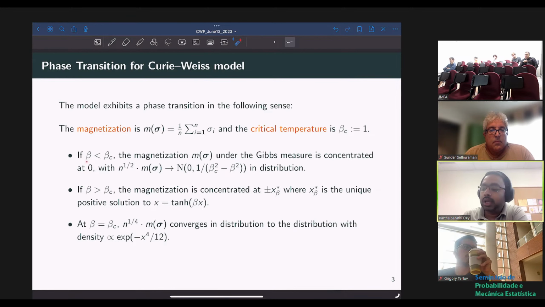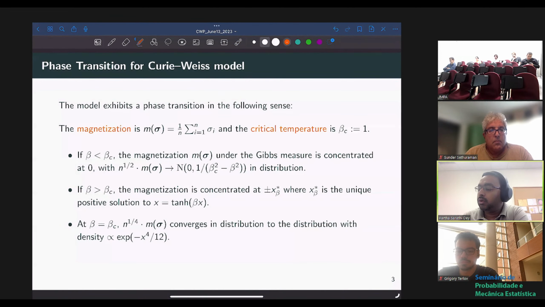If you take beta less than beta c: when beta equals 0, this is just the uniform spin on plus minus 1 to the power n. So when beta is less than beta c, the model behaves almost like beta equal to 0, or infinite temperature, in the sense that the average spin, the magnetization, is concentrated around 0.